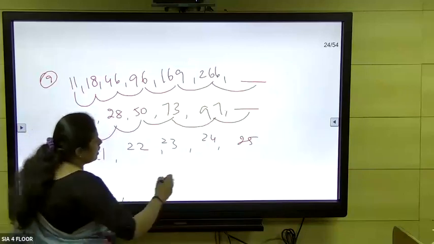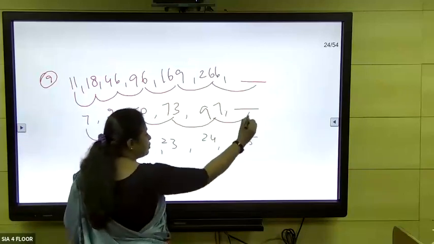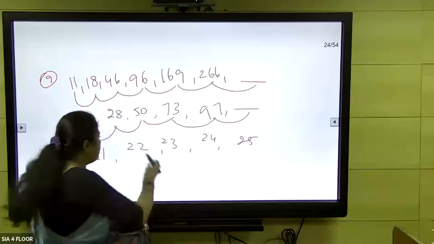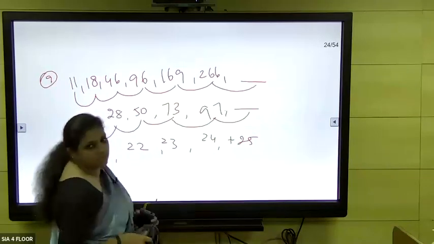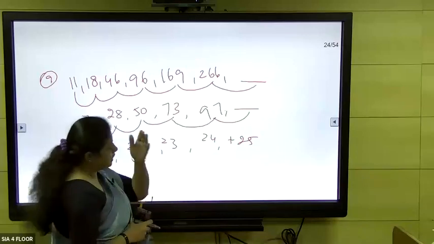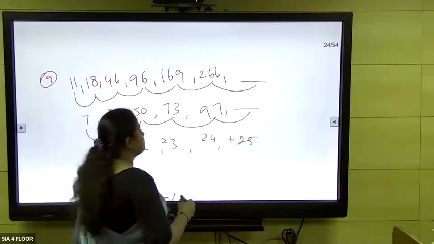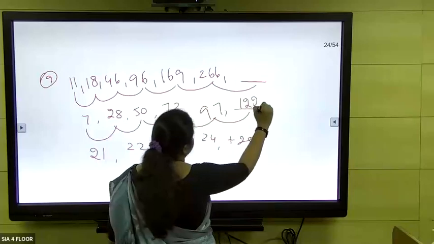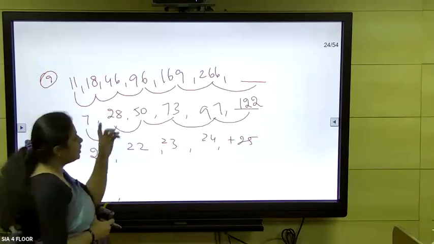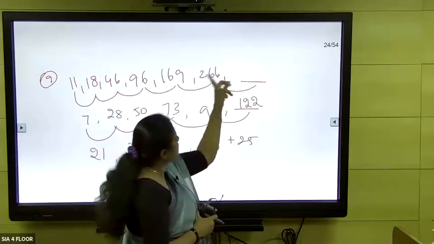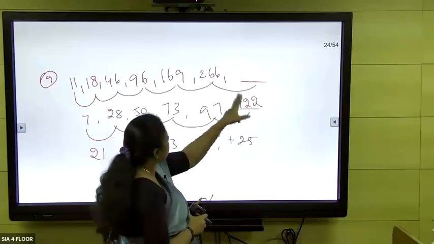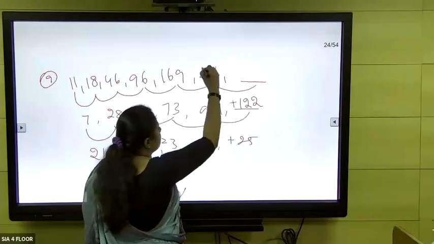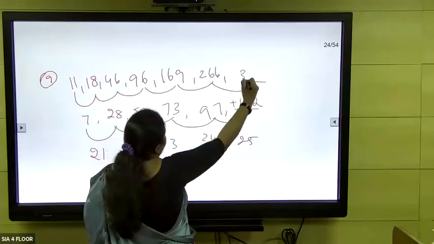Now this number and this number should have a difference of 25, in increasing order, so this number should be added to this. So 97 and 25 will give you 122. Now we know the difference of this number and this number should be 122, which means you have to add 122 to this number to get that number. So it's 388.